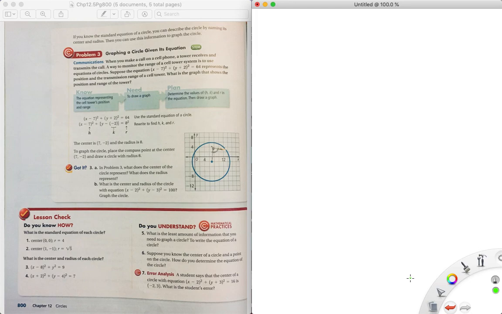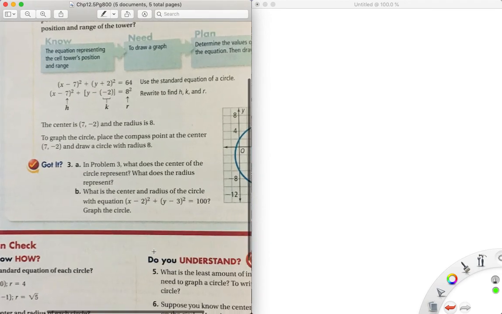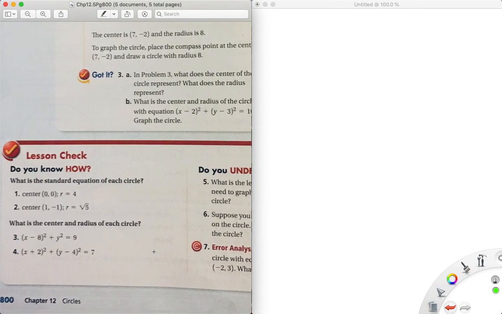So for lesson check number 1, they want us to write the standard equation of the circle. They give us a center of 0, 0 and a radius of 4.